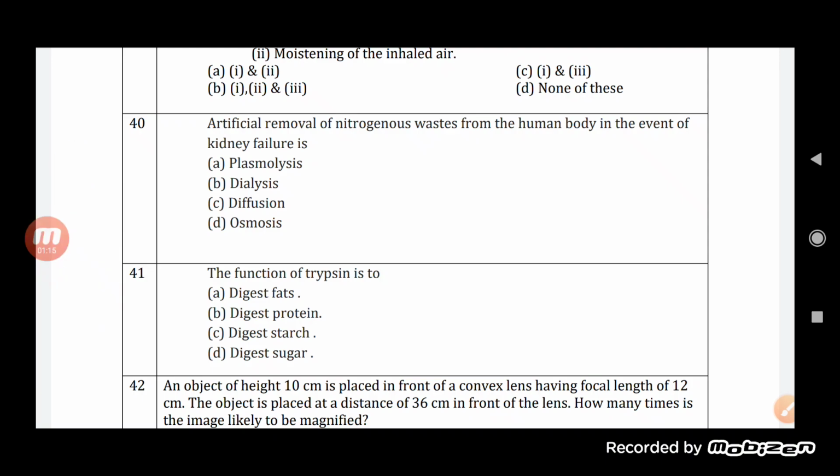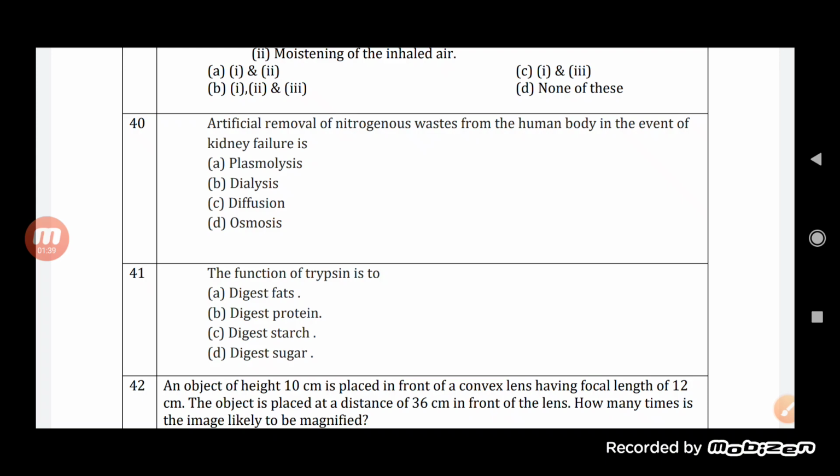You know that this process of artificial removal from the human body is actually called dialysis.